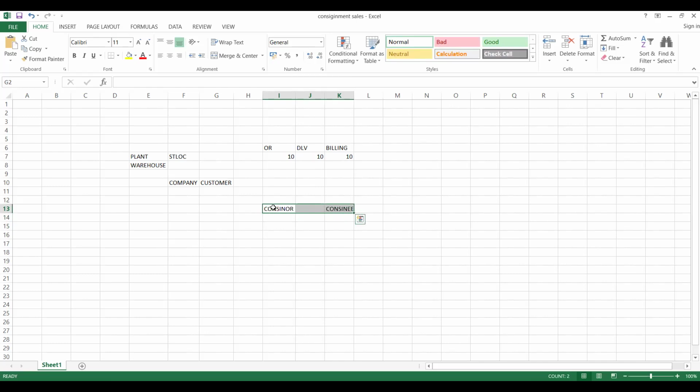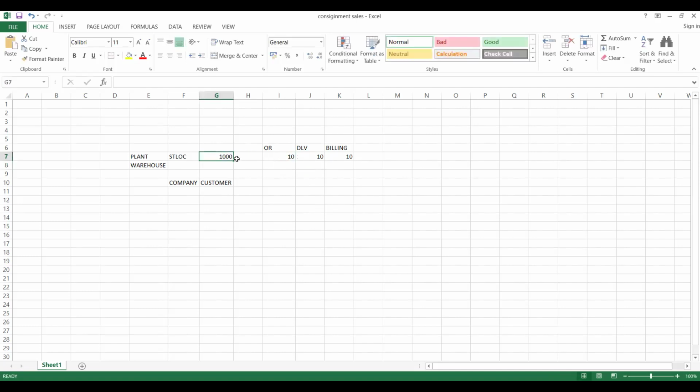For a difference, generally you will maintain your unrestricted stock, for example 10,000. You got an order, so it got reduced. Let's do this at the delivery level.